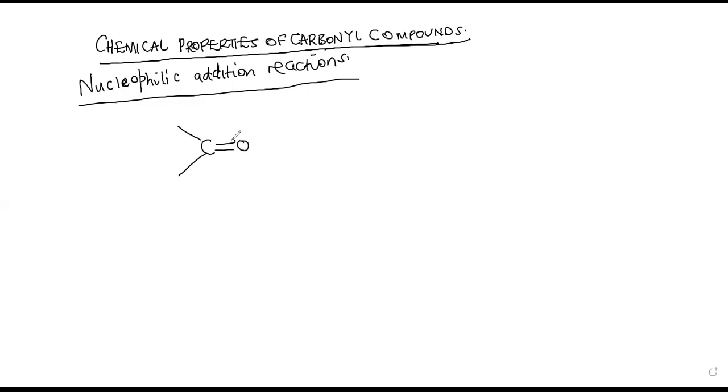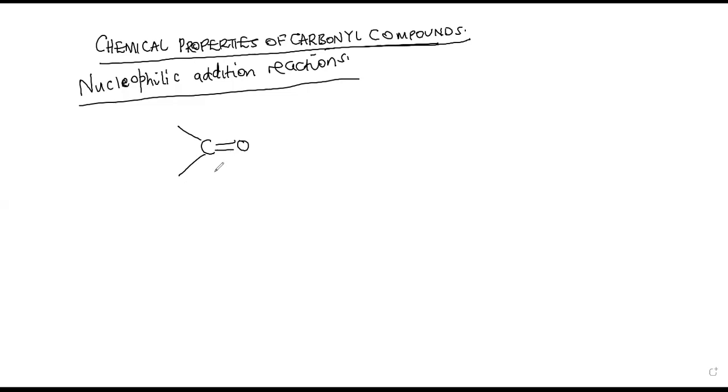When you're talking about nucleophilic addition, the first observation you should make is the difference in electronegativities of the atoms involved. If there is a difference in electronegativities, then the bond would be polar.